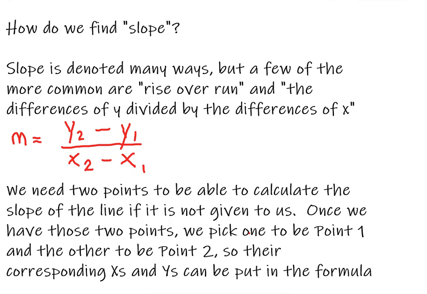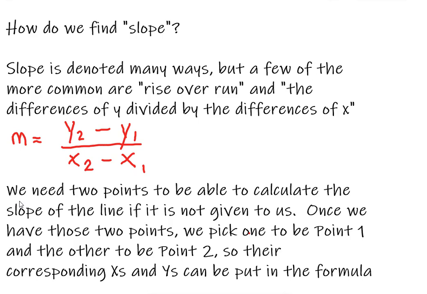And here's our handy dandy formula: m, our slope, equals y2 minus y1 over x2 minus x1.